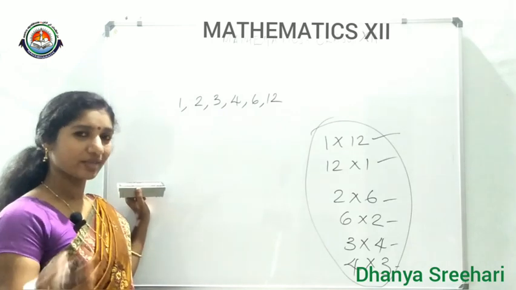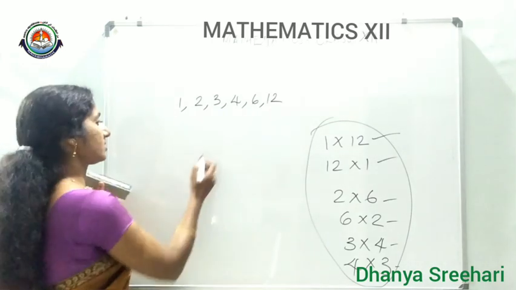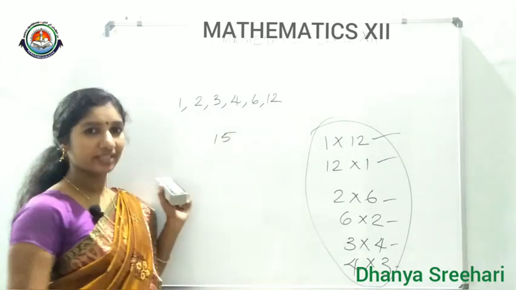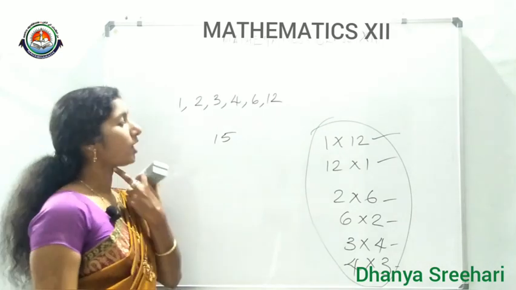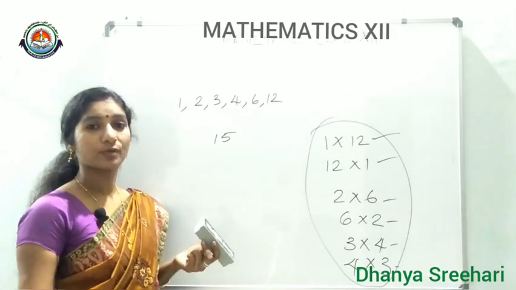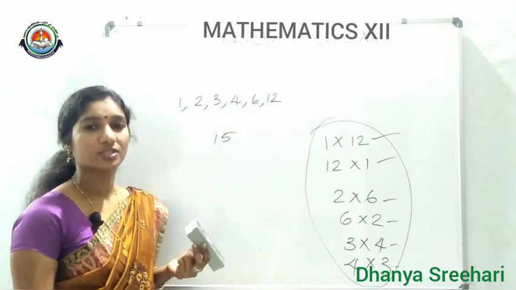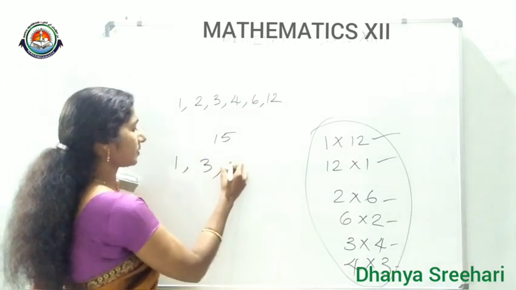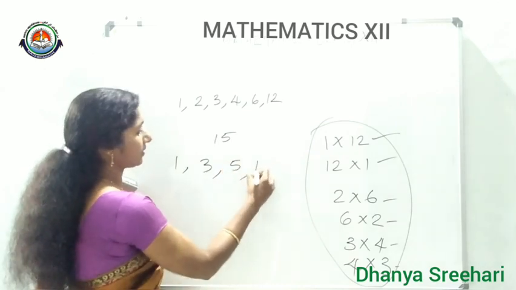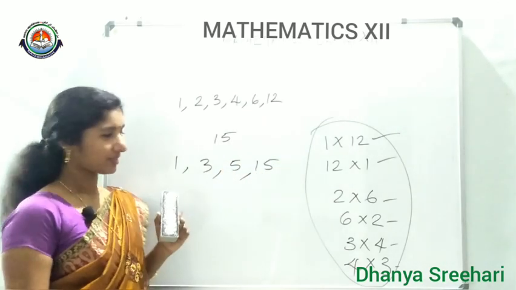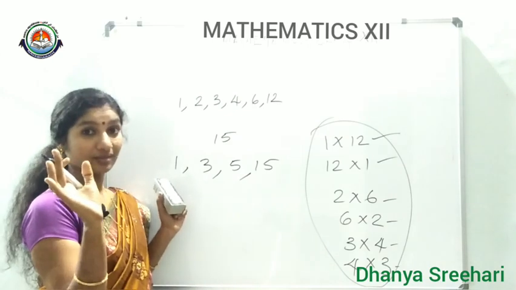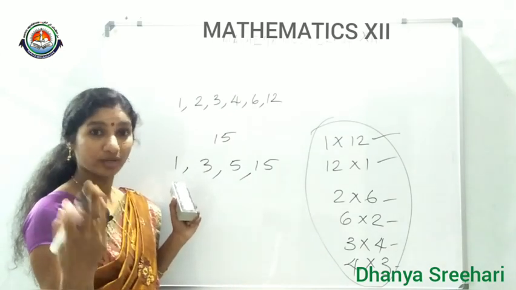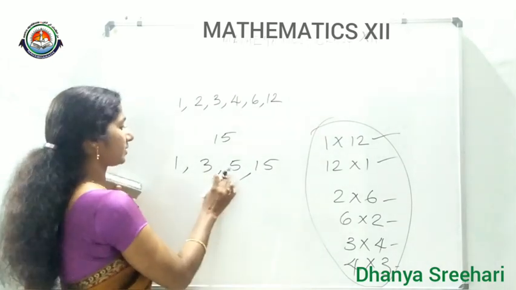Okay. So, like this we can do for any number given. Suppose there are 15 elements in the matrix. How many different ordered matrices are possible? 1 by 15 is possible, 3 by 5 is possible, 5 by 3 is possible, and 15 by 1 is possible. Total 5 ways? 1, 2, 3, 4.